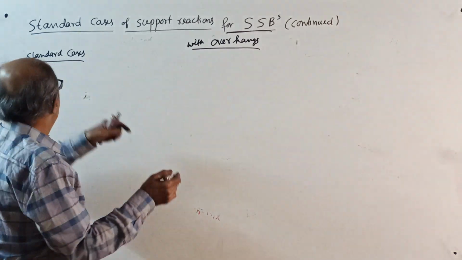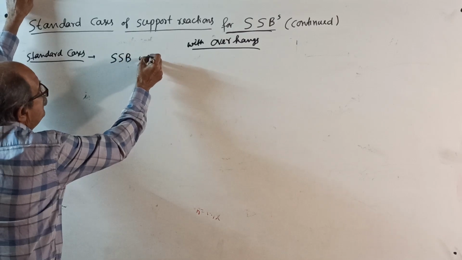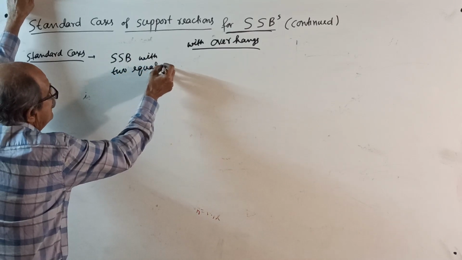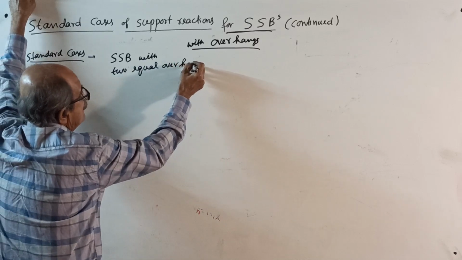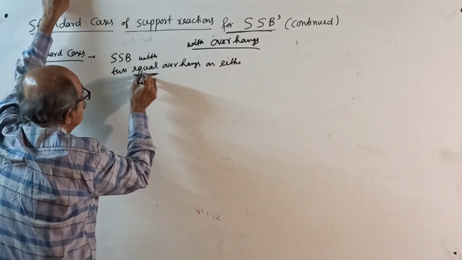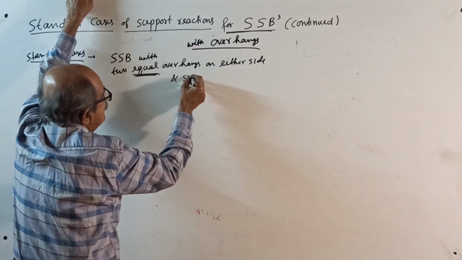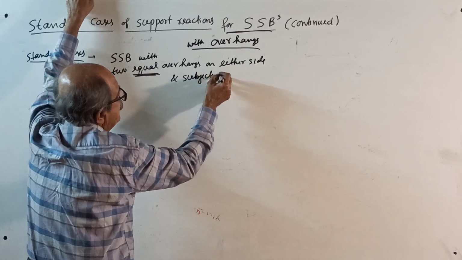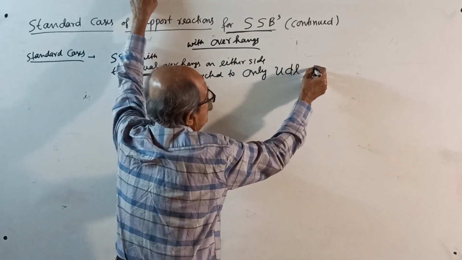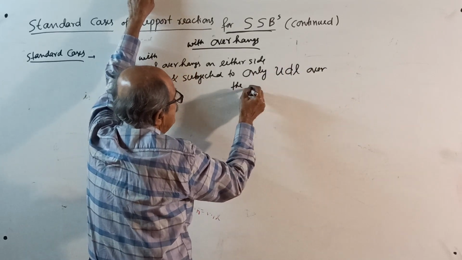So the standard case is a simply supported beam with two equal overhangs on either side. Very important, equal overhangs on either side, and subjected to only UDL over the entire length.